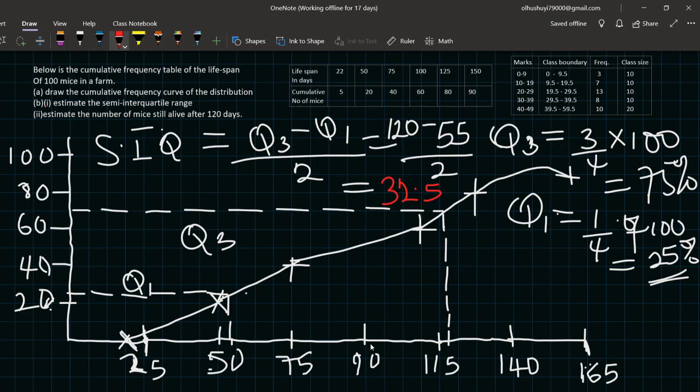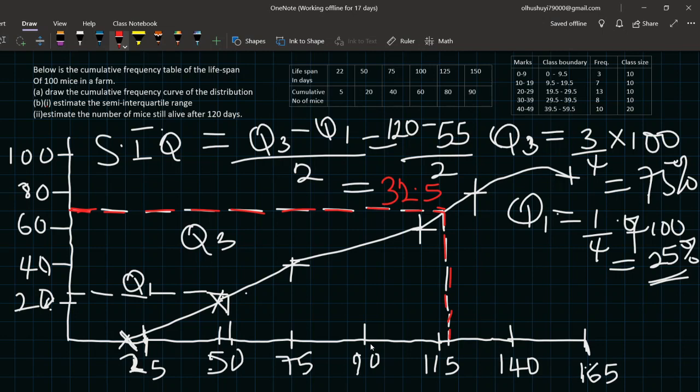So we trace this back, I'm using this red now, and we are able to locate 75%. So 120 days will be 75%.